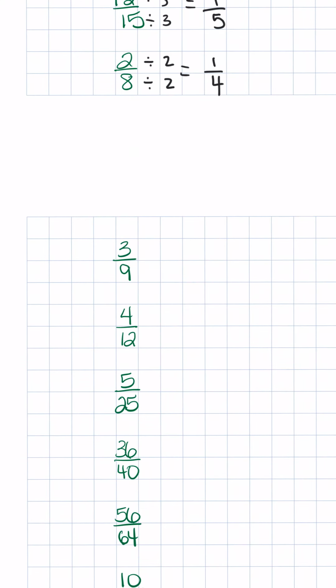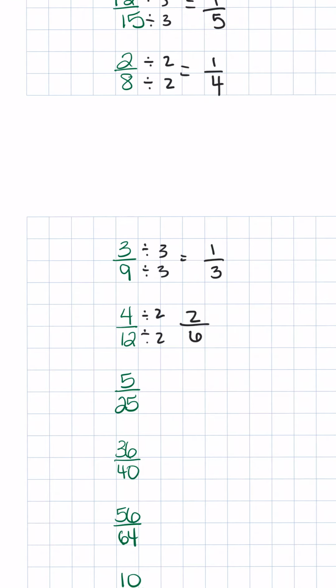3 and 9, looks like 3 can go into both. 1/3. 4 and 12, let's say we just thought 2. So then we have 4 divided by 2 is 2. 12 divided by 2 is 6. Oh, look, we could do it again.